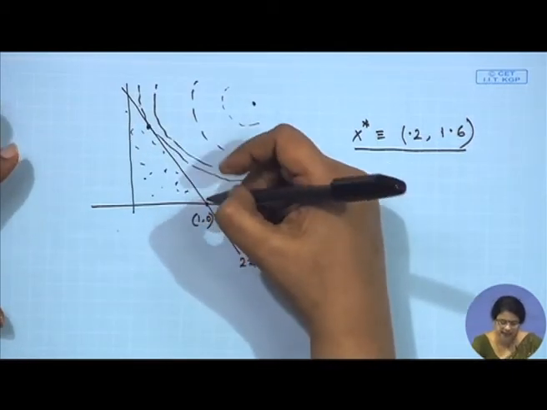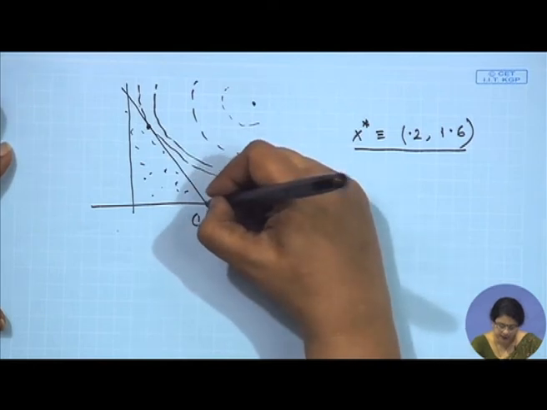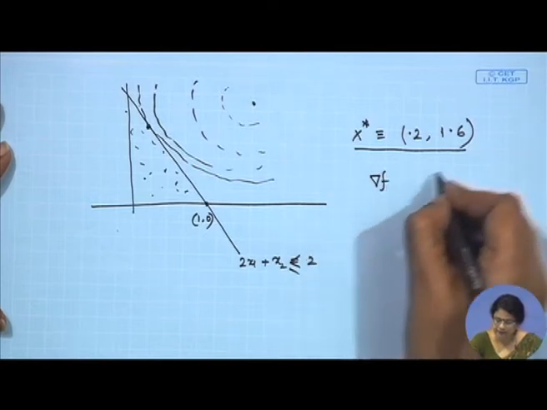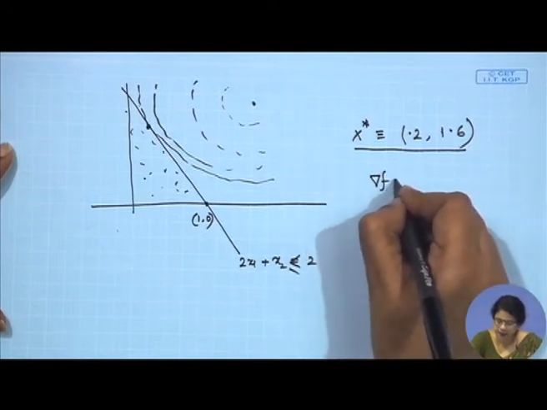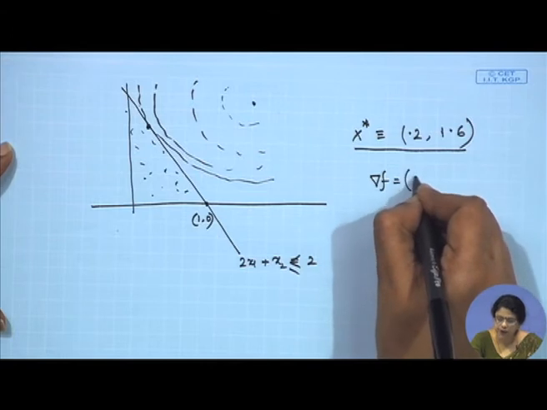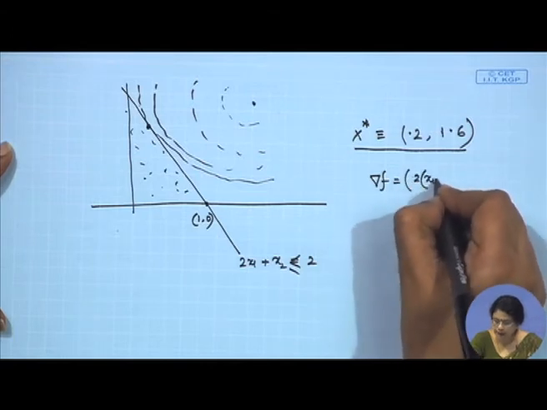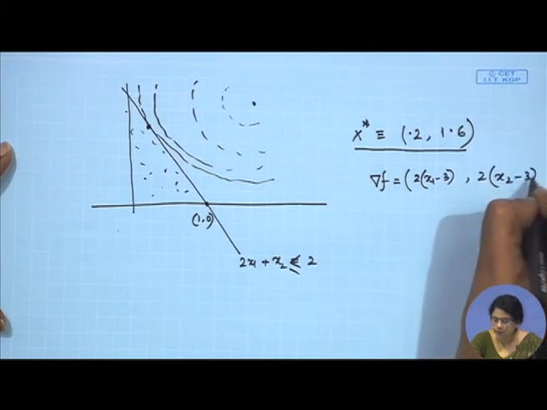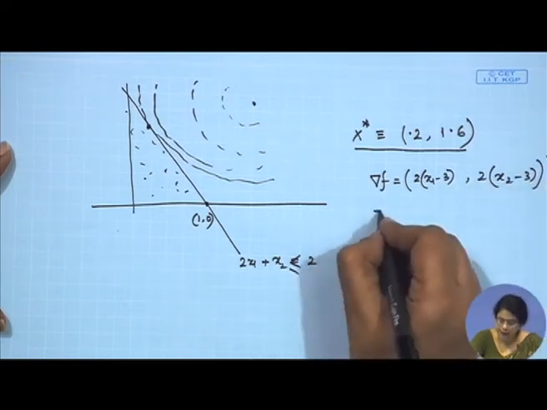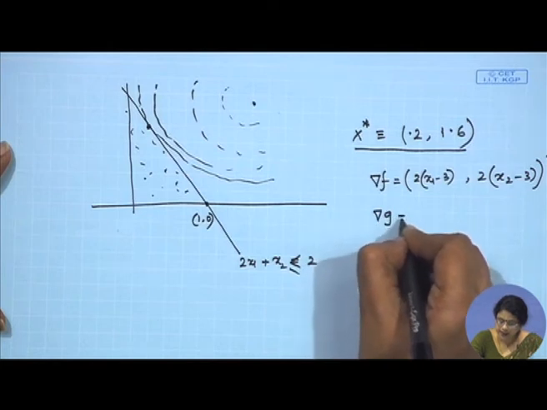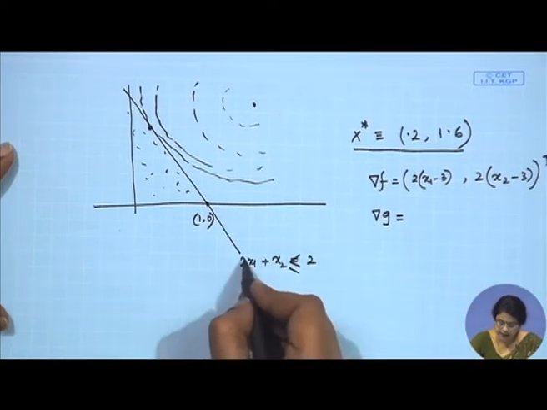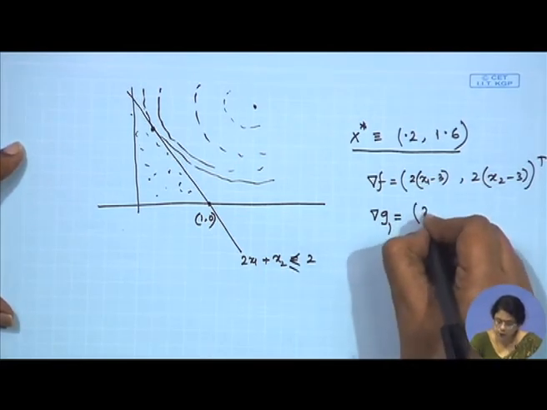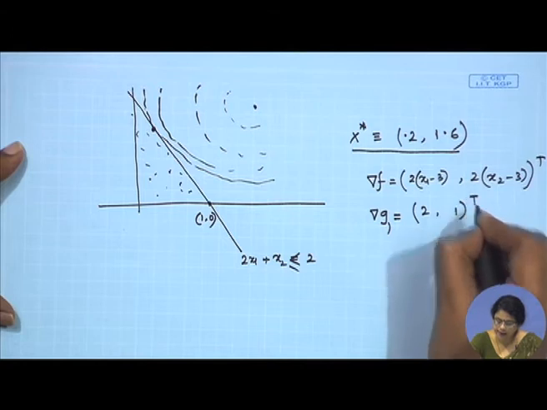That is why we can say that at this point, if I consider grad f and grad g differently, what is my grad f? Grad f would be 2x1 minus 3, 2x2 minus 3, and what is grad g? Grad g, I mean to say grad g1, would be 2, 1.